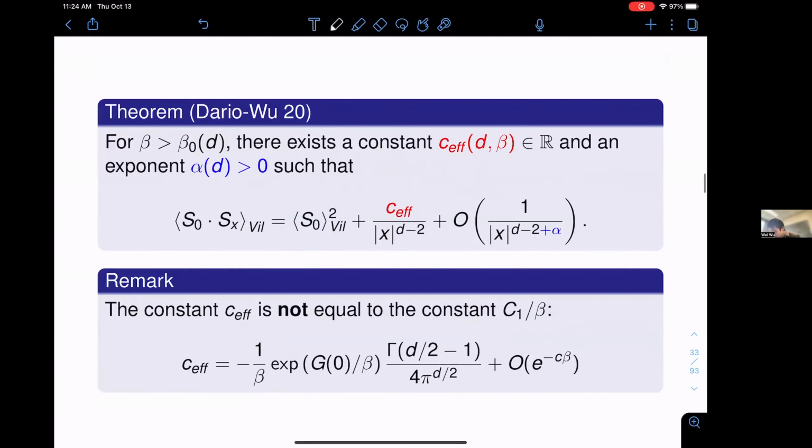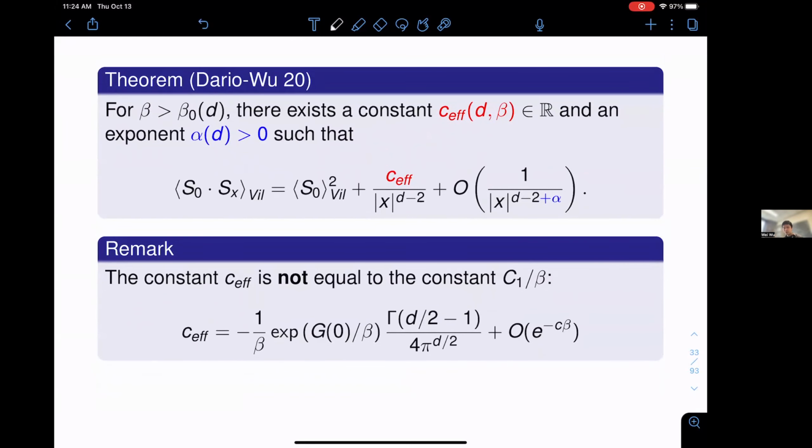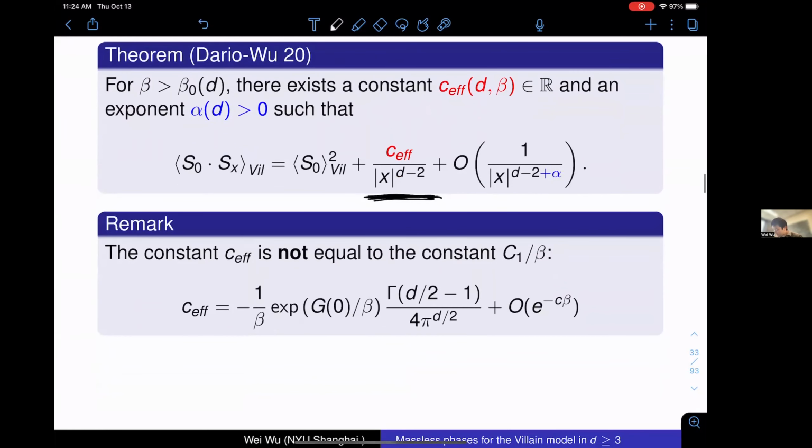So what we did with Paul is that we are basically proving this conjecture of the asymptotic 2-point function in dimension 3 and higher at low temperature for the Villain model that we introduced in the beginning. In particular, we got this term, which is a constant divided by x to the d minus 2. And this constant is not the same as the constant from the Gaussian case, but a small perturbation of that.